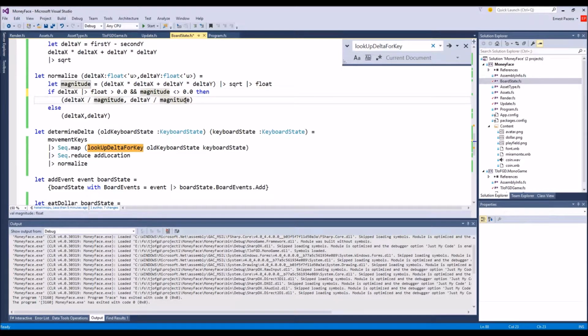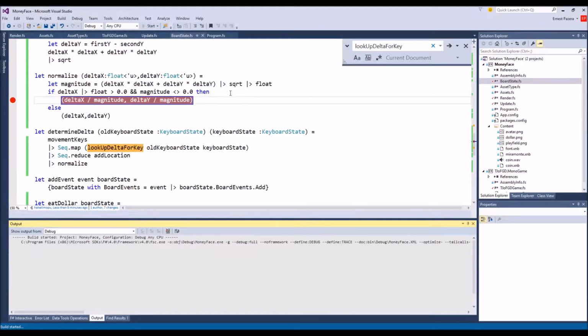Okay, so only here. I want to know delta x times delta x floats, 1 times 1 plus 0. The square root of that is 1, and it's a float. Then why wouldn't I want delta x divided by that? It just doesn't make any sense.